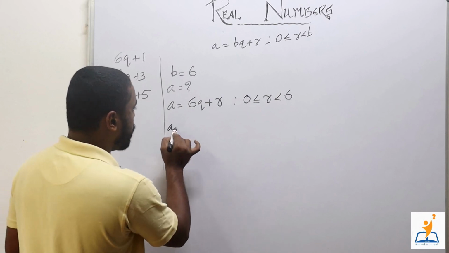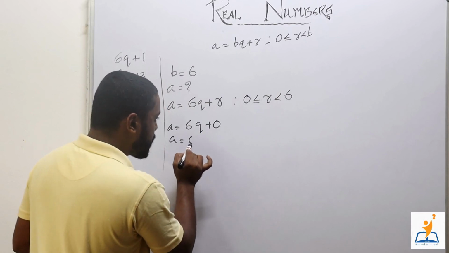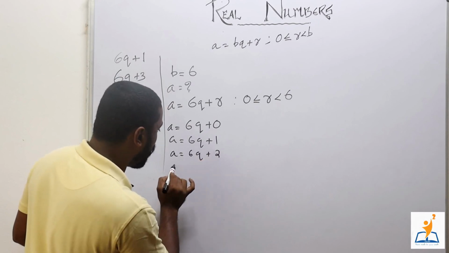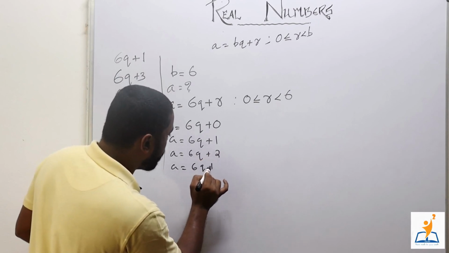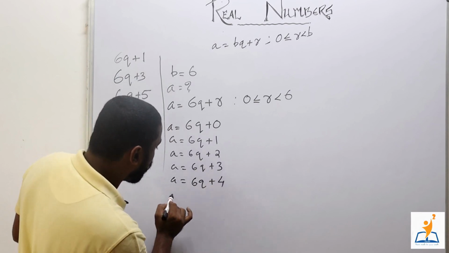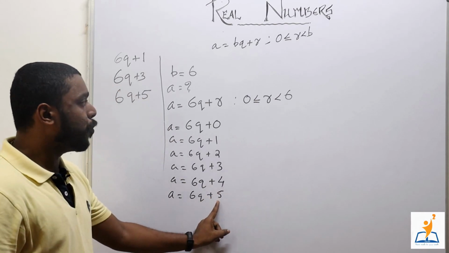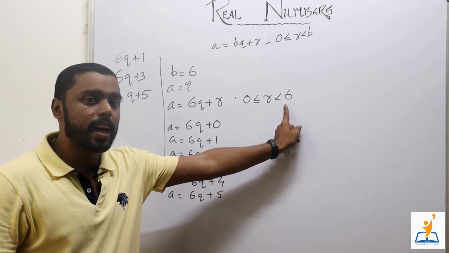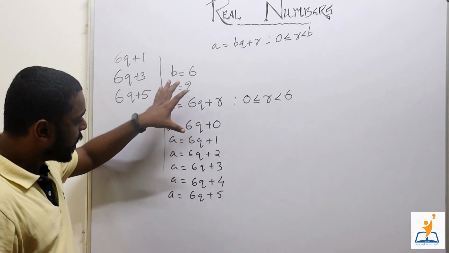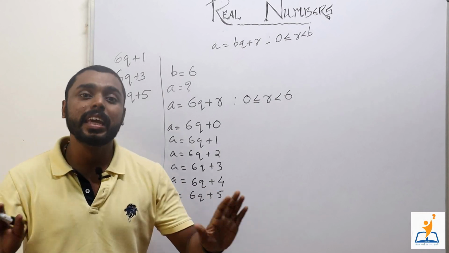That is, a can be 6q plus 0, or a can be 6q plus 1, 6q plus 2, or 6q plus 3, or 6q plus 4, or 6q plus 5. Here 0 to 5 is the variation, since r is strictly less than 6 in the definition of Euclid's division lemma. So we get a can be represented in one of these forms if a is any integer.